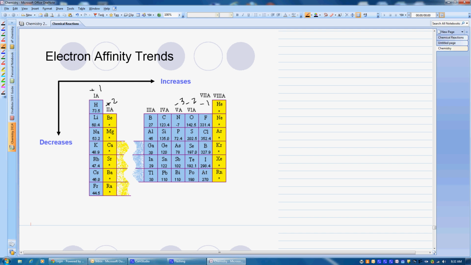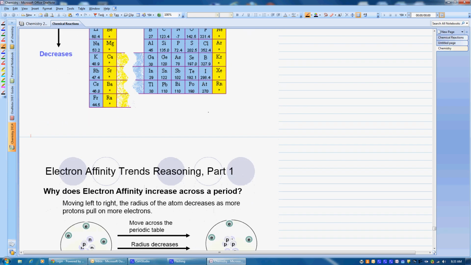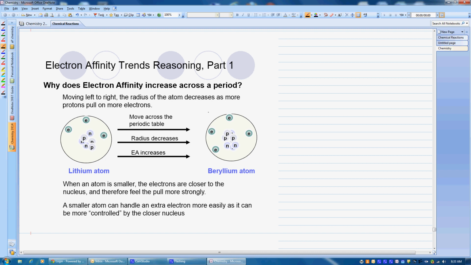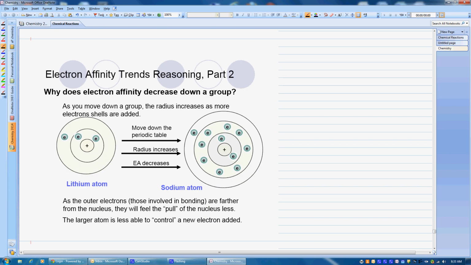So again, wherever you're attracting electrons, the electron affinity is going to be higher. Moving left to right, the radius decreases, more proton pull, so the electrons are closer. So they're going to give off more energy as they release an electron.